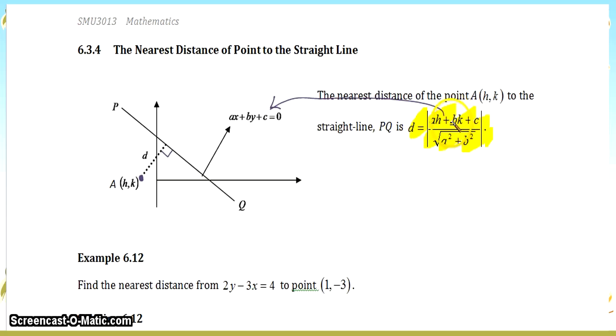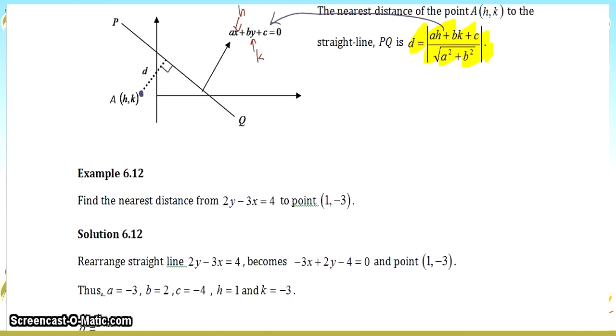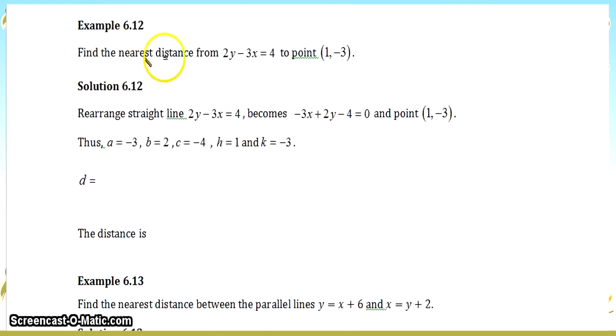Okay, we just replace x by h and replace y by k. Now let's discuss example 6.12. Find the nearest distance from line 2y minus 3x equals 4 to the point with coordinate (1, negative 3).